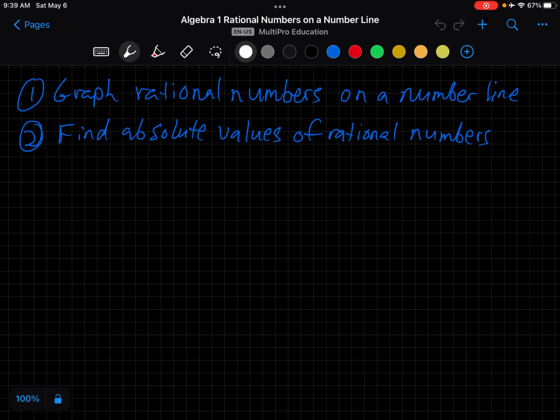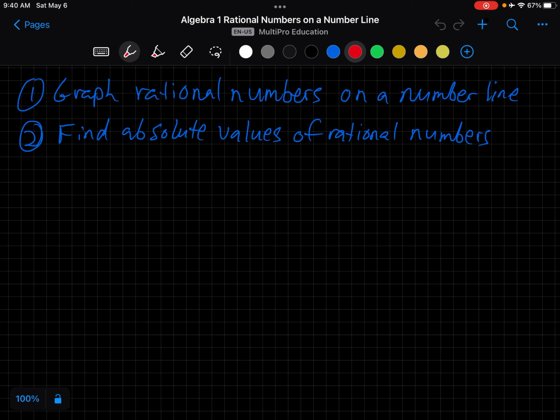We have two goals today. One is to graph rational numbers on a number line. And number two, we want to find absolute values of rational numbers. Okay?